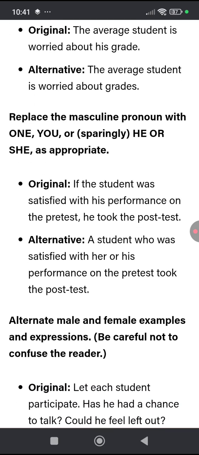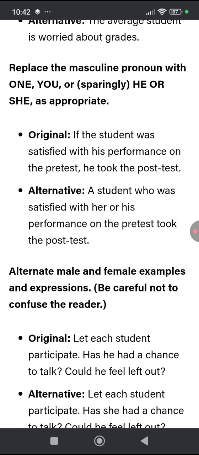Next, replace the masculine pronoun with one, you, or sparingly he or she as appropriate. So we can replace the masculine pronouns he and his with one or you. Let's look at the example. If the student was satisfied with his performance on the pre-test, he took the post-test. This is the original, in which the sentence uses the masculine pronouns his and he.